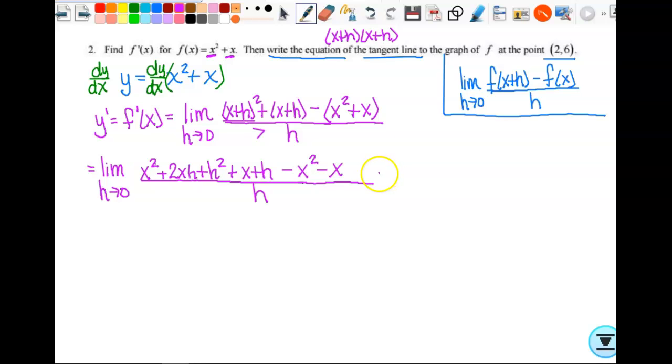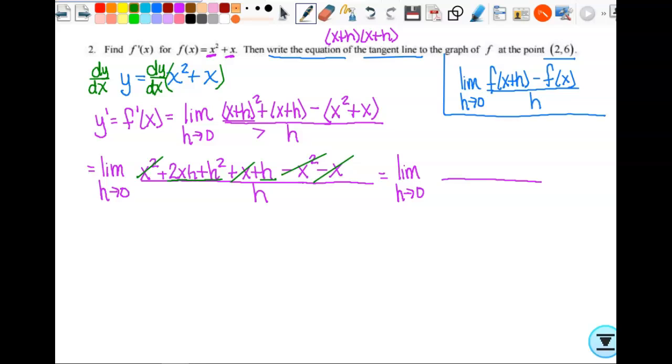So we clean this up a little bit. We get the limit as h approaches 0 of, okay, so my x squared and my negative x squared zero out. This x and this x zeroes out. So I'm left with these three terms.